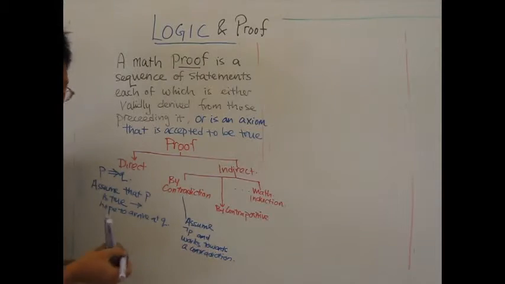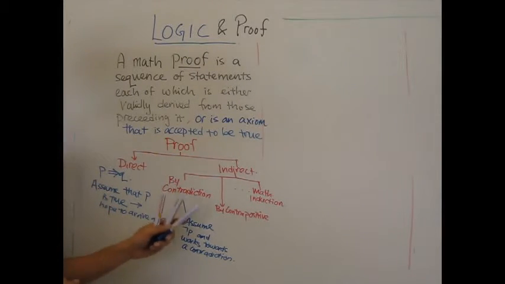If you can come to a contradiction, then in this particular case, your statement is true because if the inverse is not true, then the original statement must be true. That's the idea. If the inverse is not true, then the original statement must be true. That's why this is an indirect proof. So you assume the P is not true, and then you work towards a contradiction.